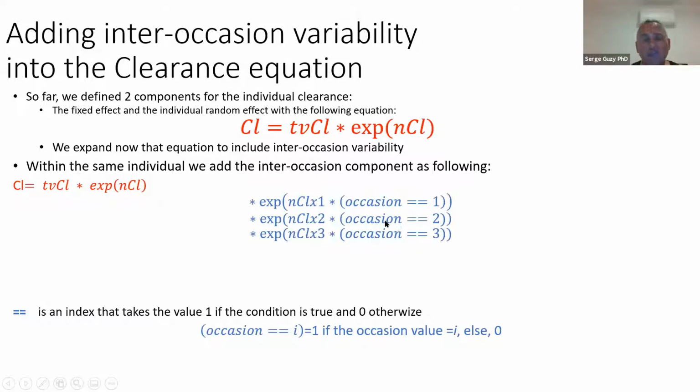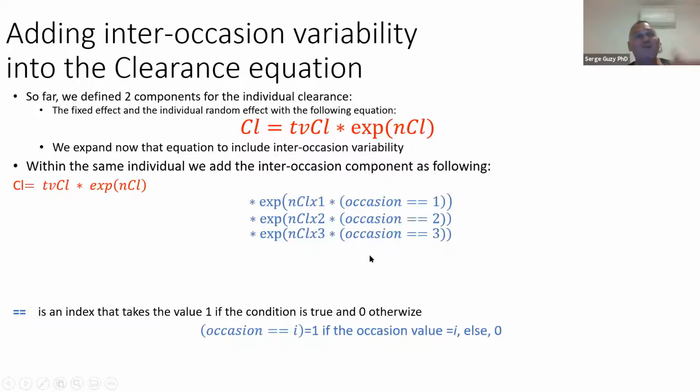Suppose that on occasion 2, week 2, let's say every week I'm getting samples, suppose that NCLX2 equals 1 instead of minus 1. Then in week 2 his clearance will be 5 multiplied by exponent 1. And suppose that on occasion 3 it's 0.5. Then on the third week, the clearance will be equal to 5 multiplied by exponent 0.5.